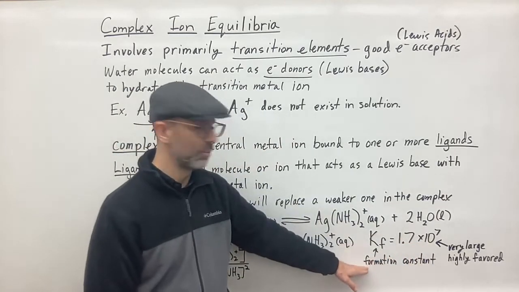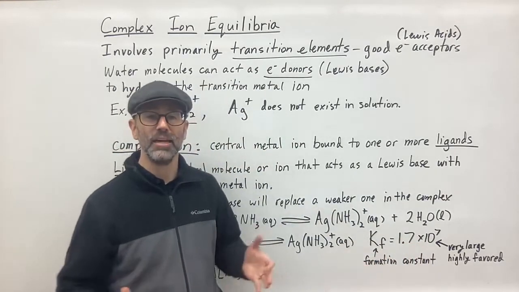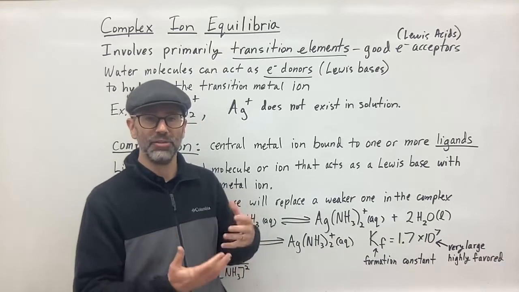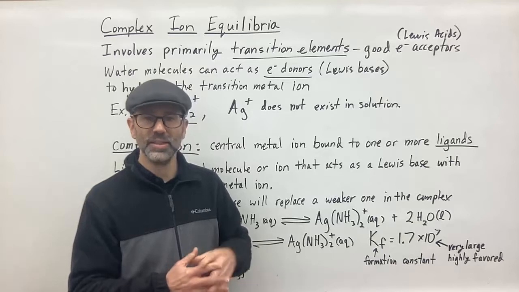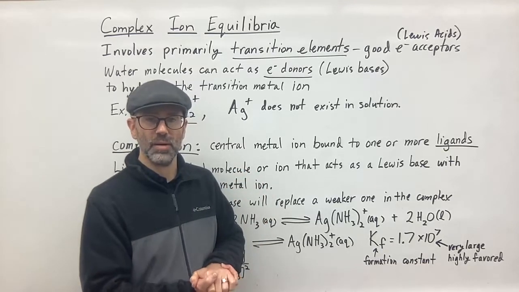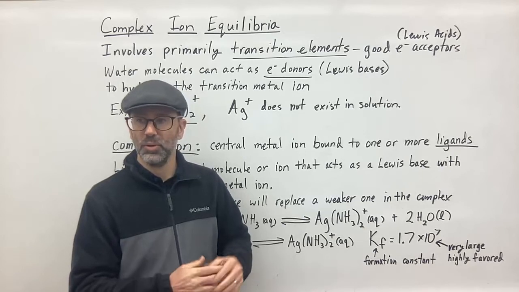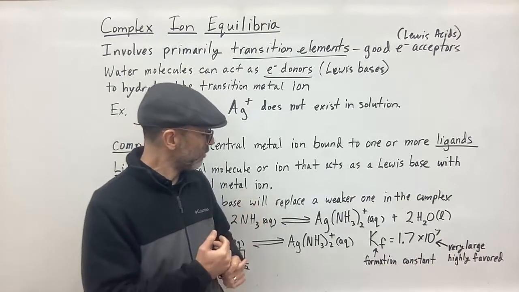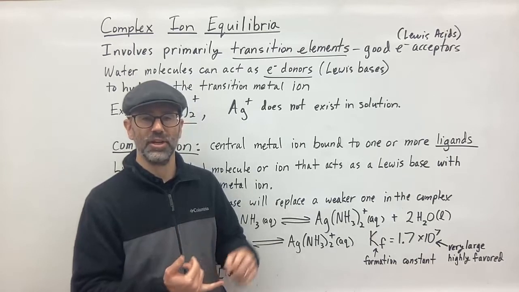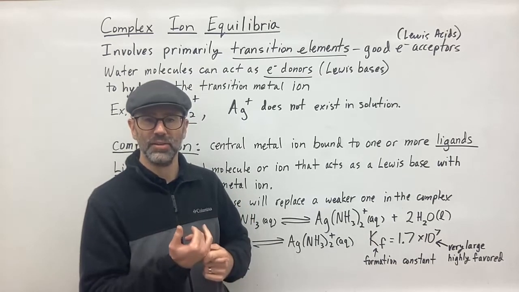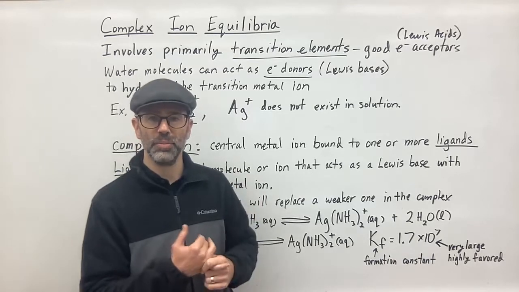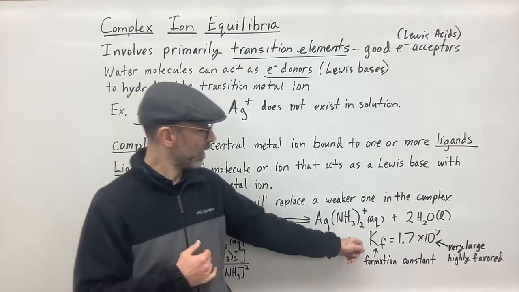This Kf, just like with any equilibrium constant, we've had acid constants, the Ka, your ionization constant of the acid. You had your Kb, the ionization constant of bases. You had your equilibrium constant, and now we also have.